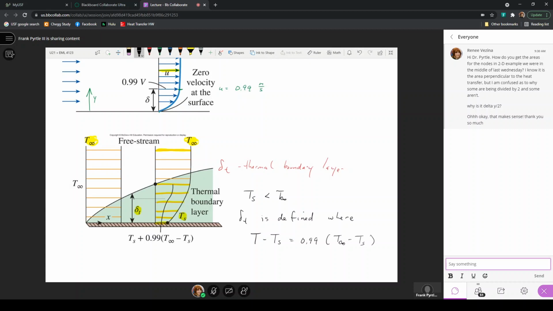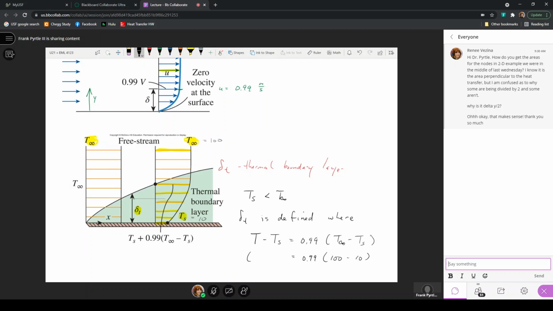If T infinity, let's say I make this 100 degrees as the ambient air temperature that's applying heat to a surface that is at 10 degrees. So the temperature difference here is 90 degrees, right? So this is 0.99 times 100 minus 10.